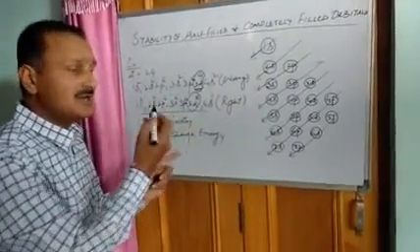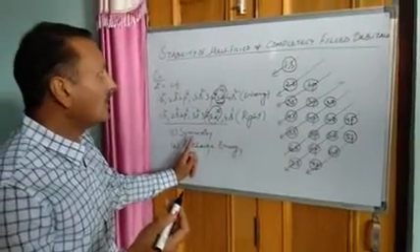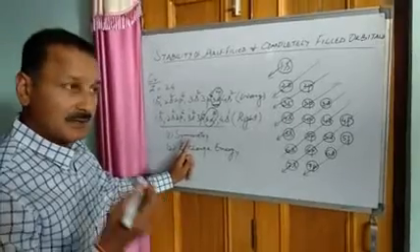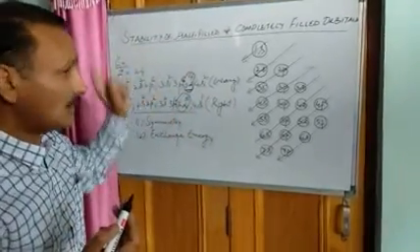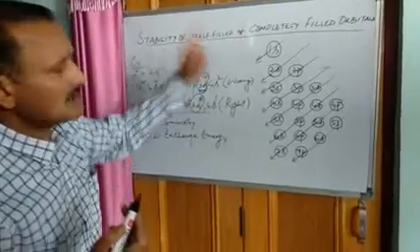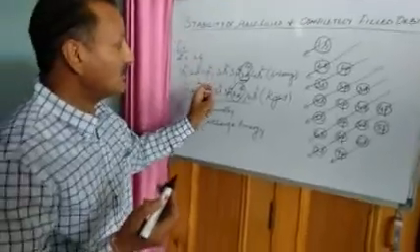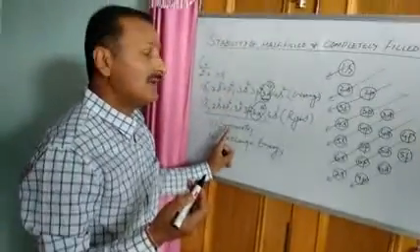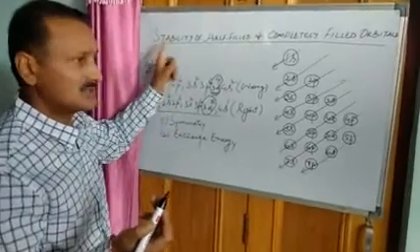So symmetry leads to stability. So this is one of the factors for the fact that orbitals which are half filled or completely filled, I will come to completely filled later on, but half filled orbitals are more stable. So one factor is symmetry, more symmetry, higher stability.